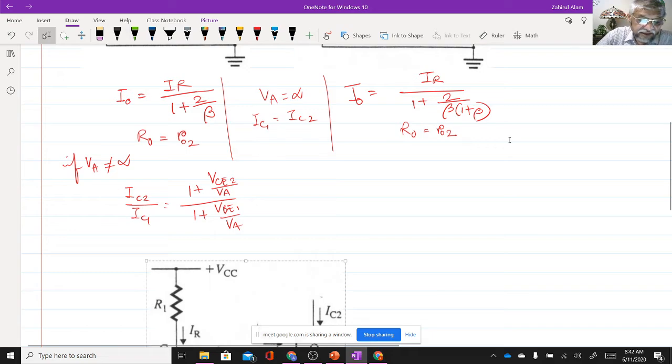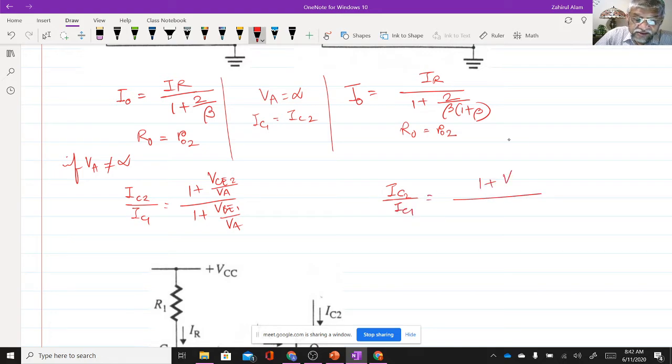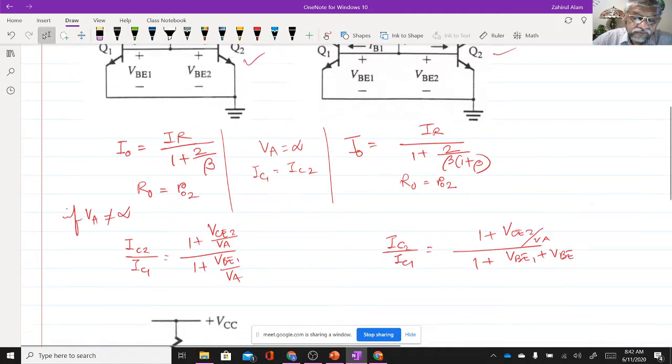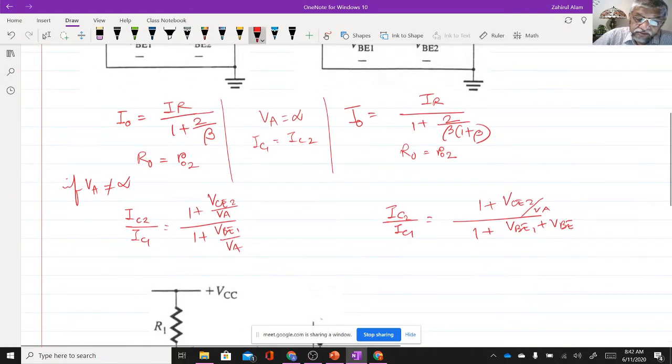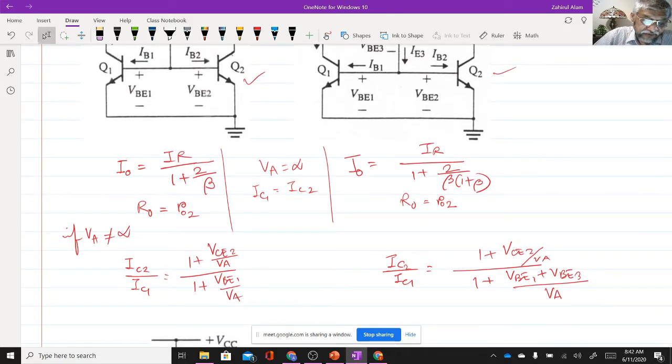For the modified 3 transistor circuit, on the output side, we have 1 plus VCE2 over VA over 1 plus VBE1 plus VBE3 divided by VA.